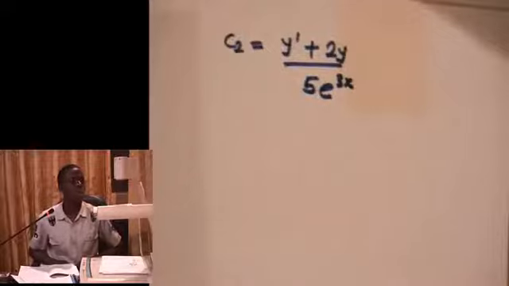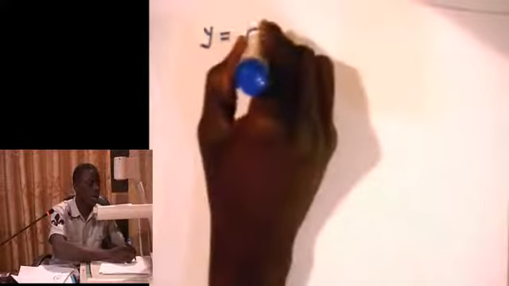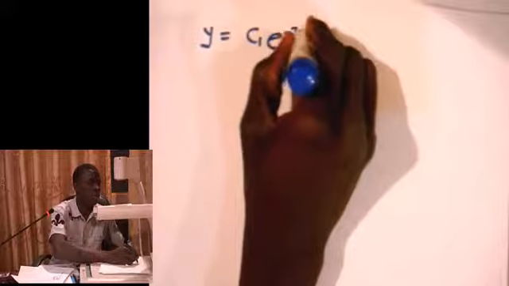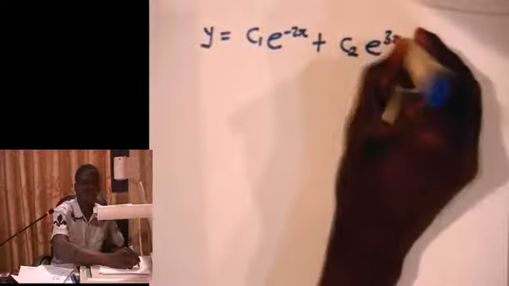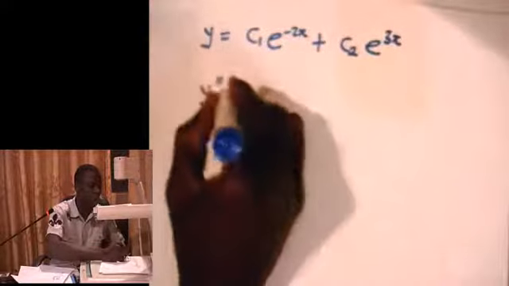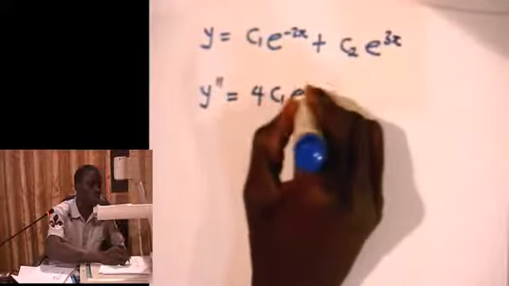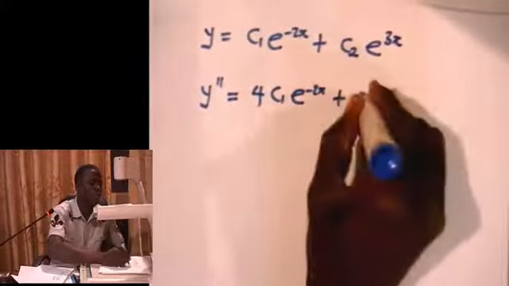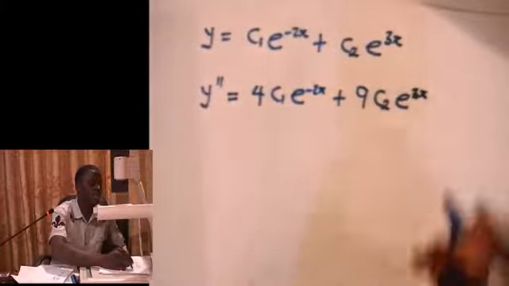We are going to pick another pair of equations. Let's pick equation 1 and 3. y equals c1 e raised to power minus 2x plus c2 e raised to power 3x. y double prime equals 4 c1 e raised to power minus 2x plus 9 c2 e raised to power 3x.